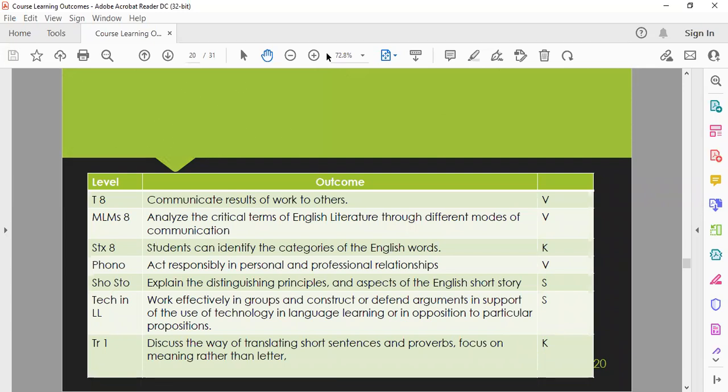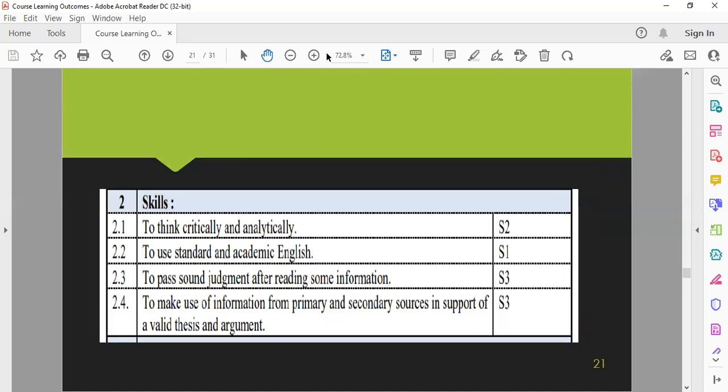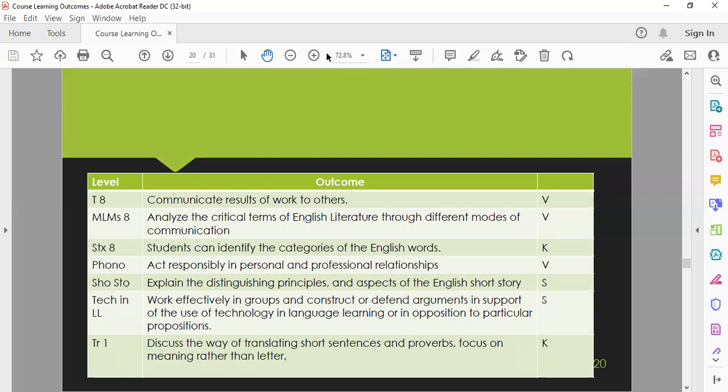For the translation outcome, I think this needs to be revised because it's quite challenging to understand. Can we use the verb explain instead of discuss? Yes, this can be fine, but even the word discuss can also be okay. But the structure of the sentence also requires some amendment. The way of translating is not one way, so it might need to be plural, and also focus on meaning rather than letter.